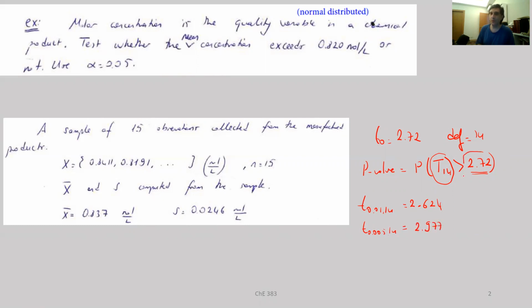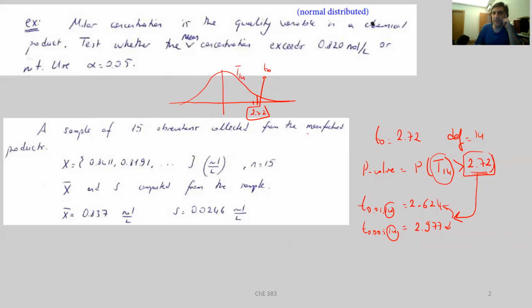So note that 2.72 at 14 degrees of freedom lies somewhere between those two. If this is your t distribution, and this is where 2.72, our t0 value, is, since this value is not exactly given in the table, we search for the closest t values at, again, 14 degrees of freedom.